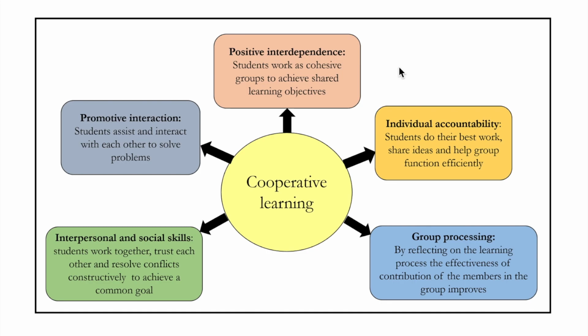And then individual accountability is that students do their best work and share ideas and help to function efficiently. And then group processing is about reflecting on the learning process, particularly the effectiveness of the contribution of the members in the group. And then lastly would be the interpersonal and social skills.